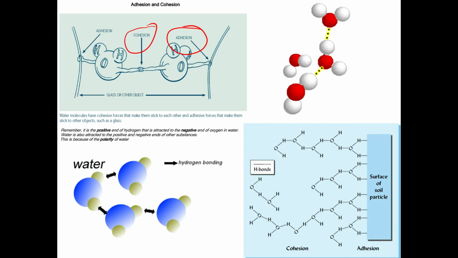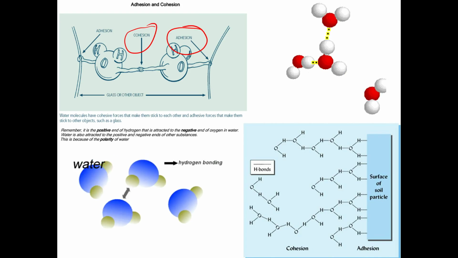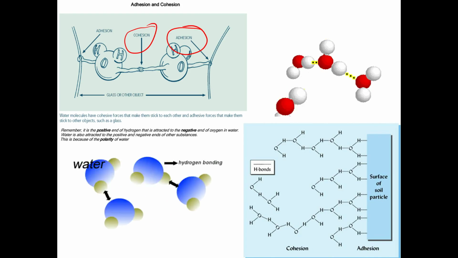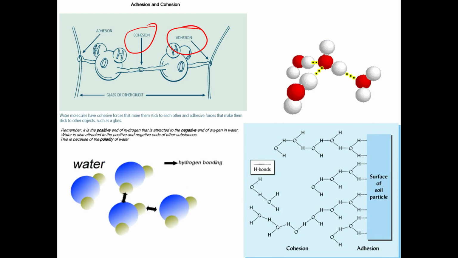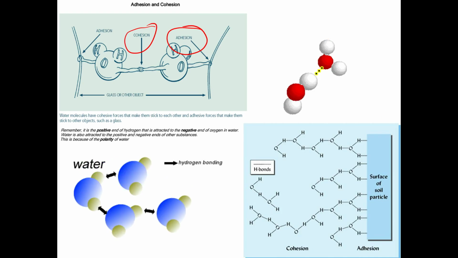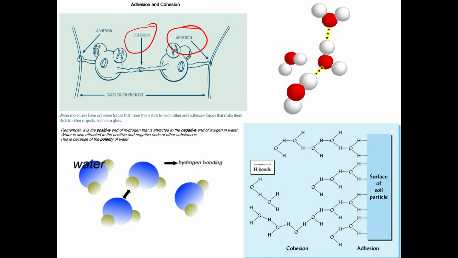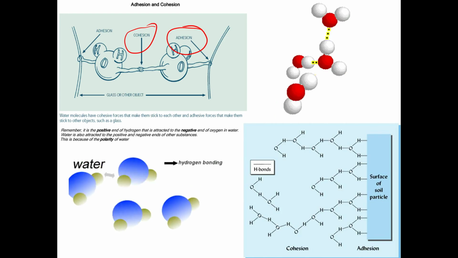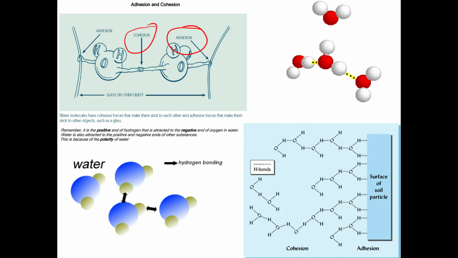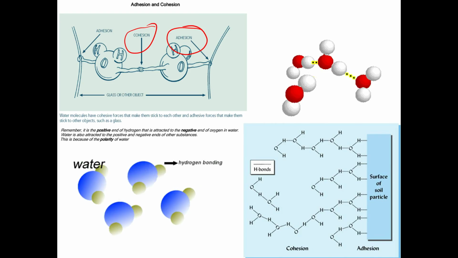Here you're being shown water molecules that are forming and breaking hydrogen bonds. Hydrogen bonds are not static chemical bonds. They don't always form and stay that way. They're going to form and break and form and break. Water is a liquid.